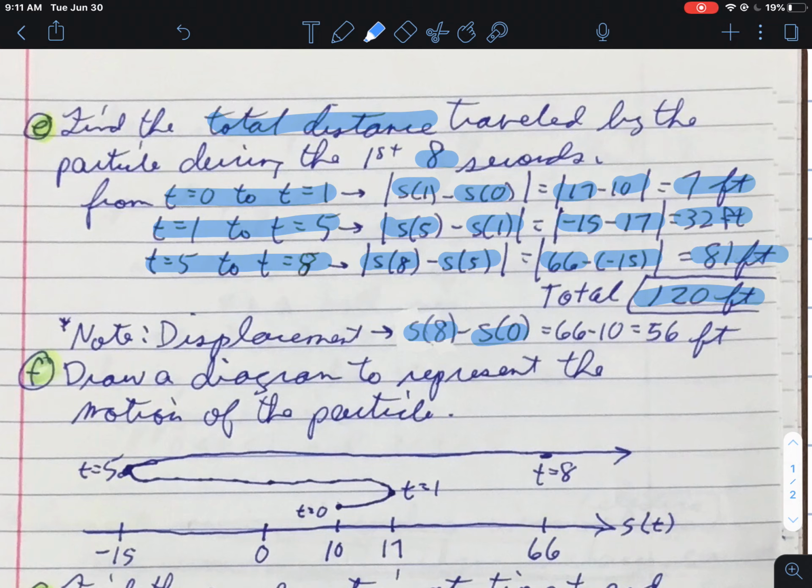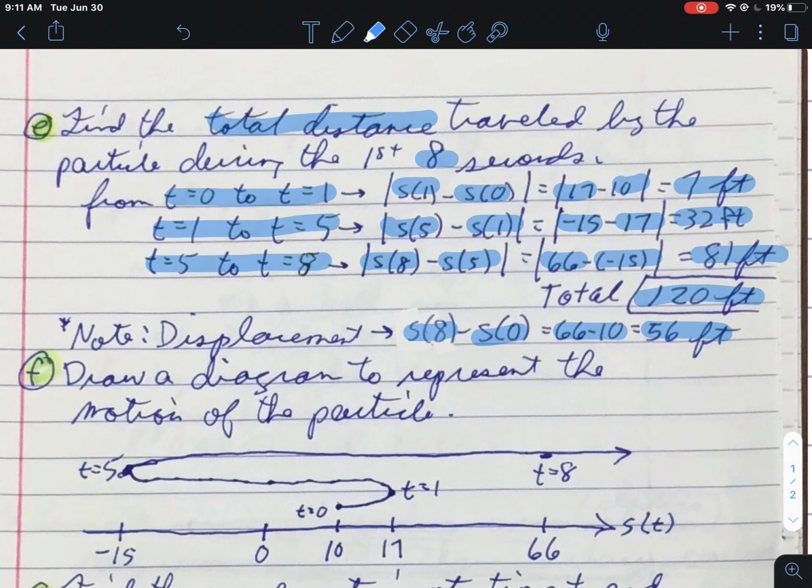And then again, we take the difference between the two. Where did it finish? Where did it start? And I get a difference of 56 feet. Now again, that's the displacement of our particle as the crow flies from point A, where it started, to point B, where it stopped, or at least where we were observing it over that time interval. And that's different from total distance traveled.